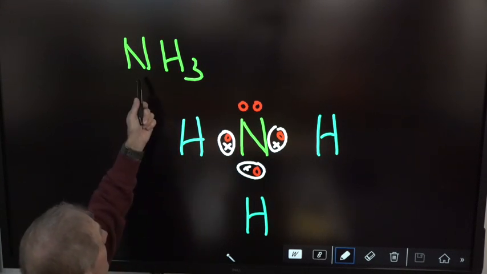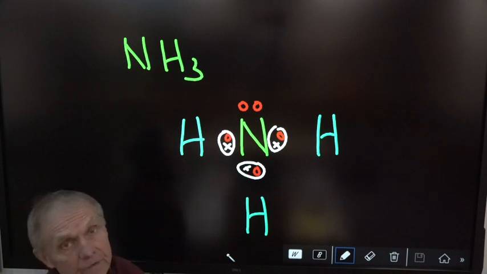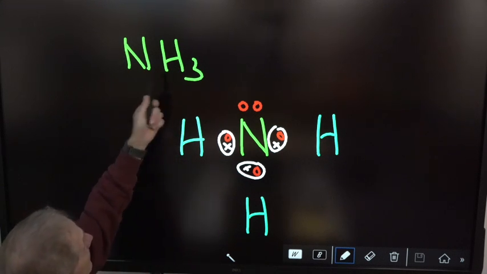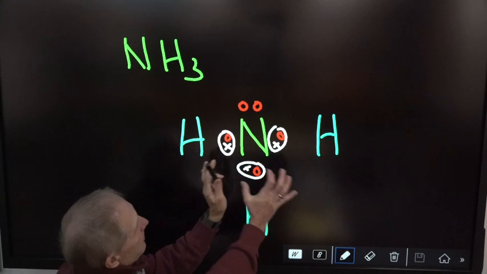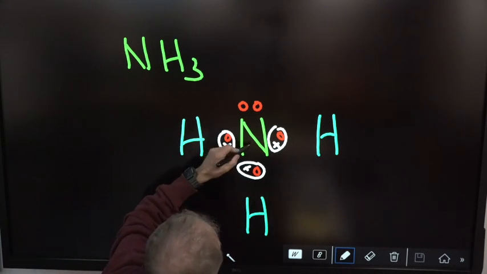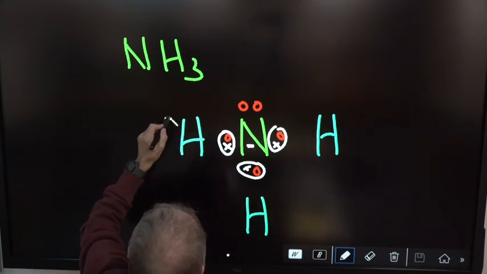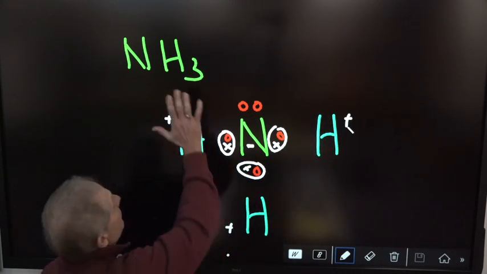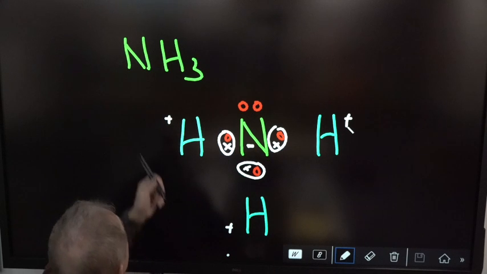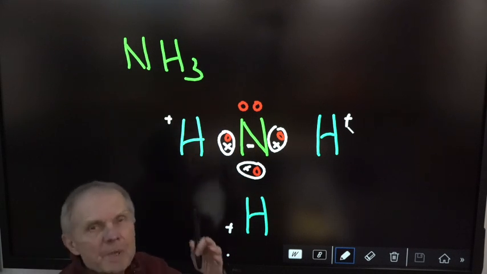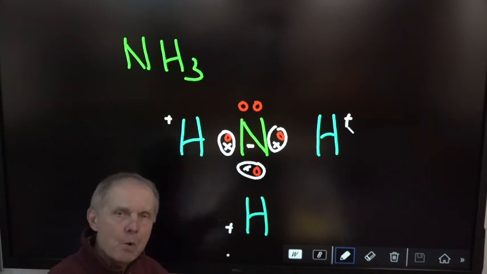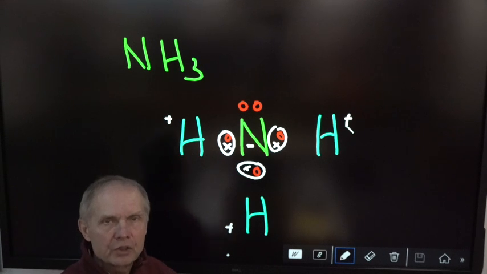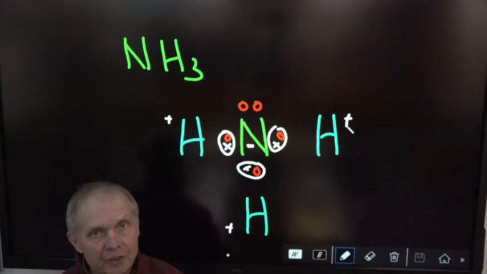Because N has a stronger electronegativity than H. So the pairs are going to be closer to that. So this is going to be slightly negative. This is going to be slightly positive, slightly positive, slightly positive. So we know for sure, even before we electron dotted that, two different nonmetals, going to be a polar bond. But now we have to see if the molecule is going to be symmetrical or asymmetrical.